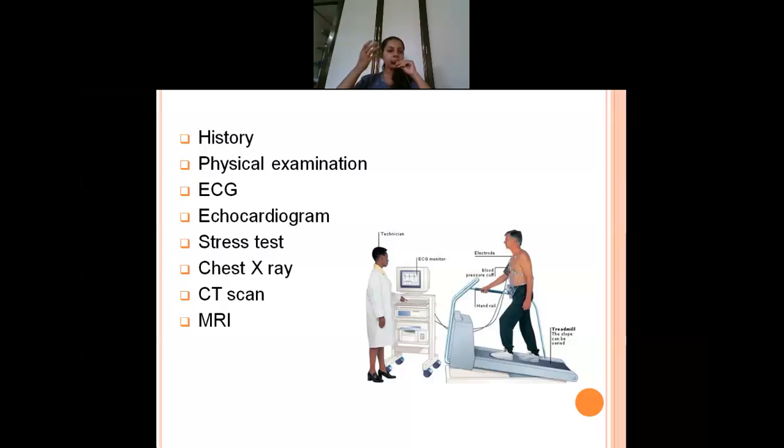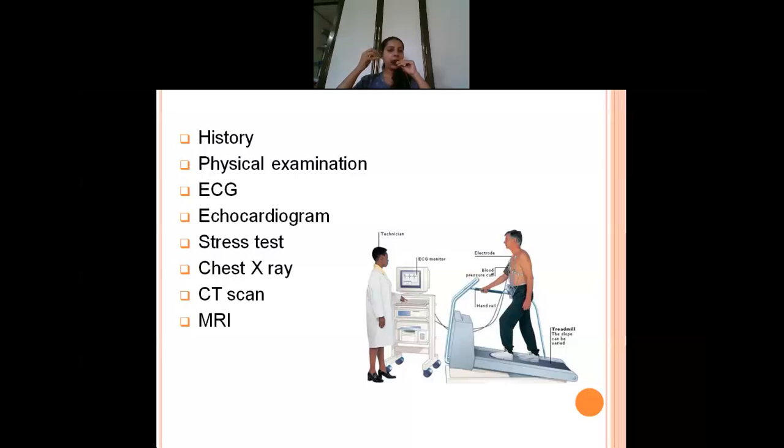Then ECG can be done to see if there is any changes in the heart rate or heart rhythm. Okay, ECG electrocardiogram can be done. Then to know how the person acts towards the activity, whether he is able to perform activity, we can perform stress test. Chest X-ray also can be done. Okay, along with that, computerized tomography, magnetic resonance imaging can be done.